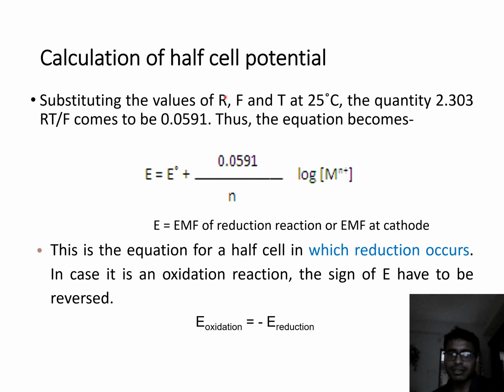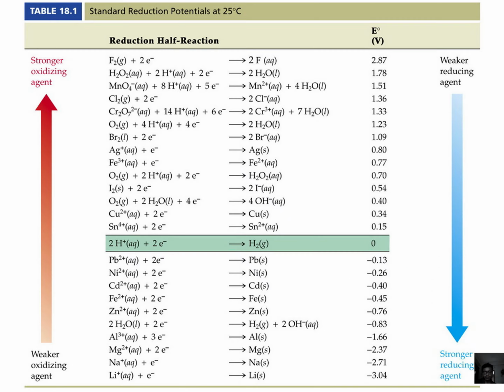Okay, R has a value, and you know T value is 25 degrees Celsius. Okay, then nF, 1 Faraday means 96,500 coulomb. So if you put the values, you will find RT by F is equal to 0.0591. Okay, so this is the overall calculation.